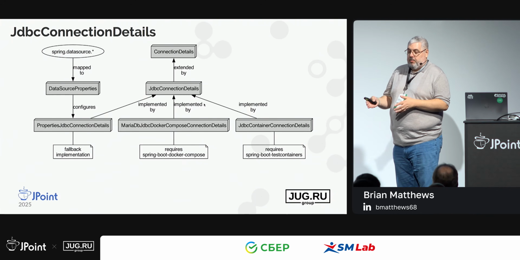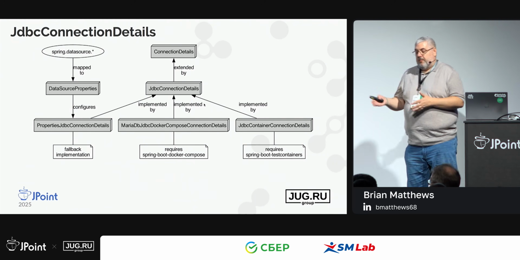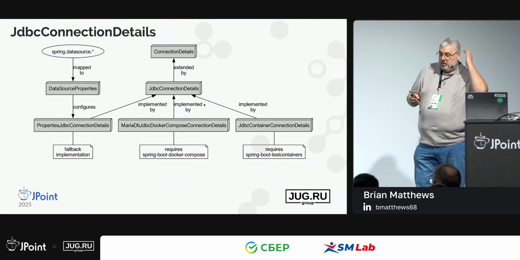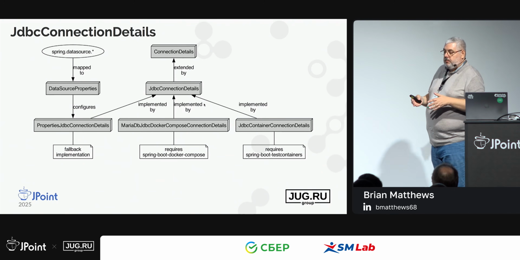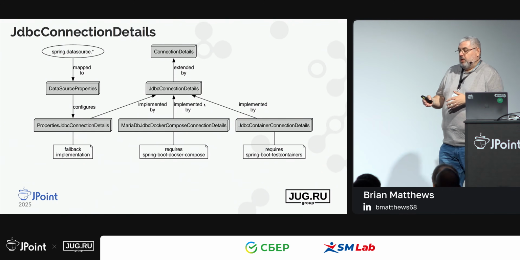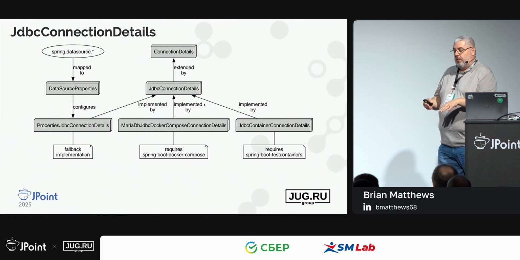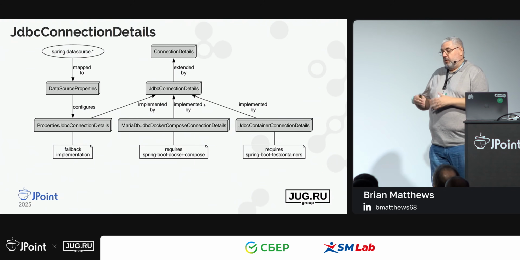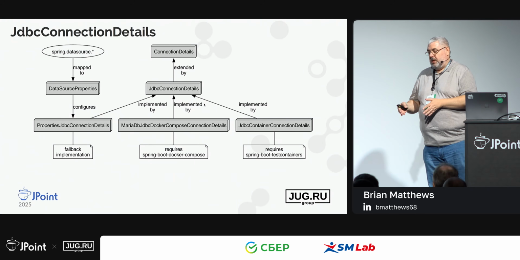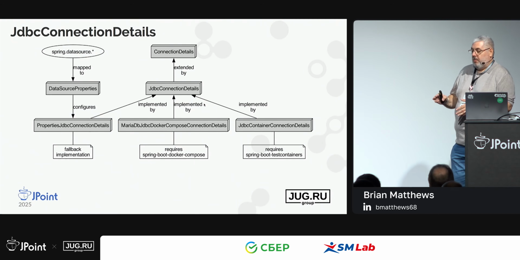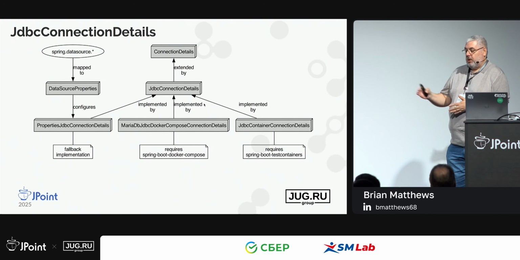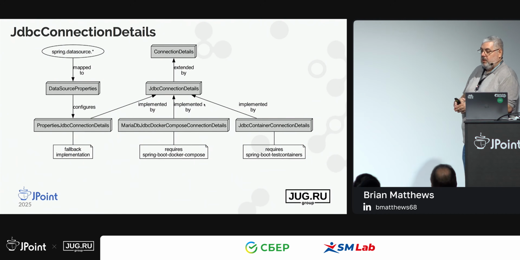And then the Spring Boot Testcontainers similarly does the same thing if Testcontainers is being used in your application. Now, when they define these beans, they're going to override the default. You can have both of them in the project at the same time, but really you probably only want to use one or the other. You want to use Testcontainers or Docker Compose.